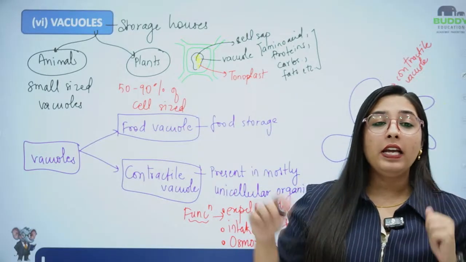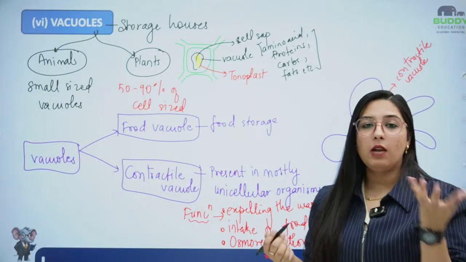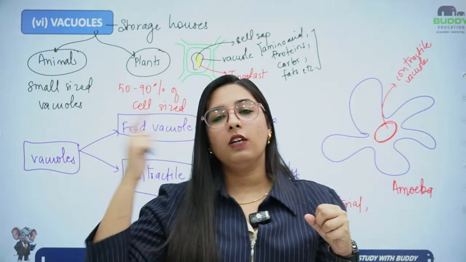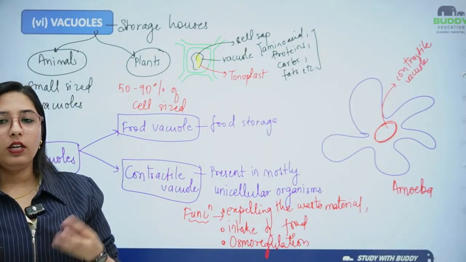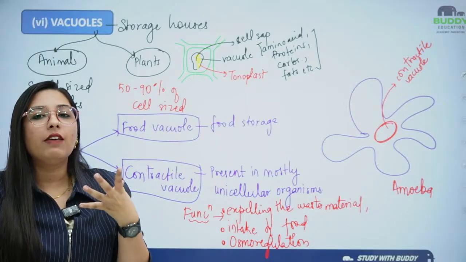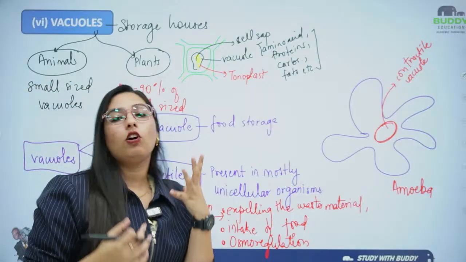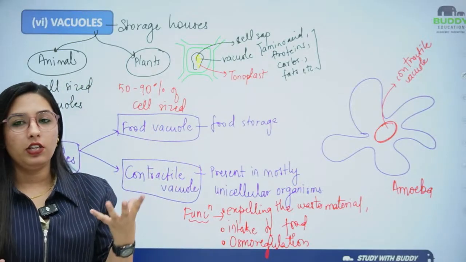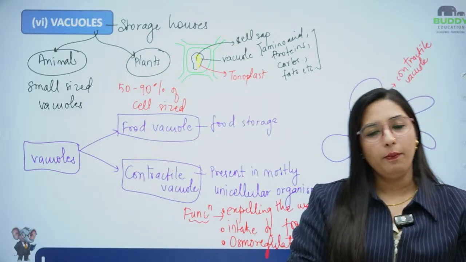This is done by the contractile vacuole. With the help of water, it helps in the water flow. When the water is flowing through it, it also takes in nutrition, and then expels the waste product out from its system. With this, it also helps in maintaining osmoregulation, the concentration of water and salt in the body.